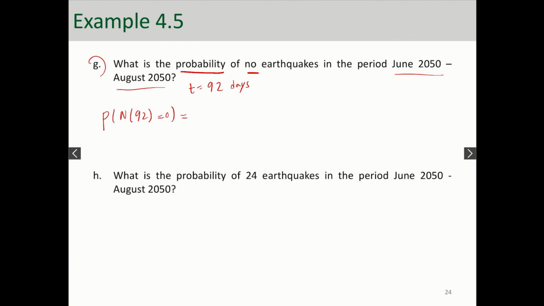Following the same formula, we're going to have e to the negative lambda t, this is t and lambda is 0.25, multiply them, it's 23 to the 0 over 0 factorial, and that is very close to 0. So almost no chance of seeing no earthquakes in 92 days.